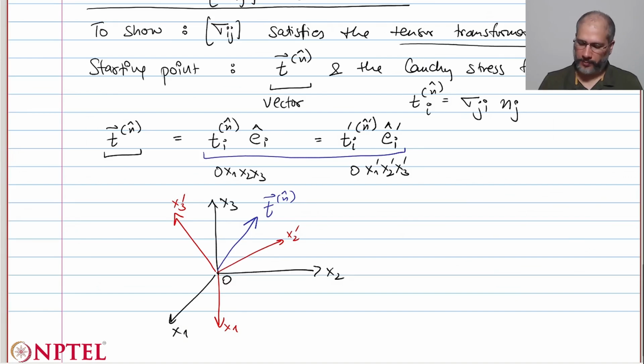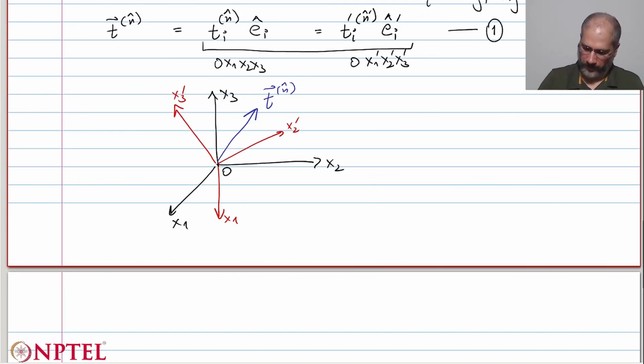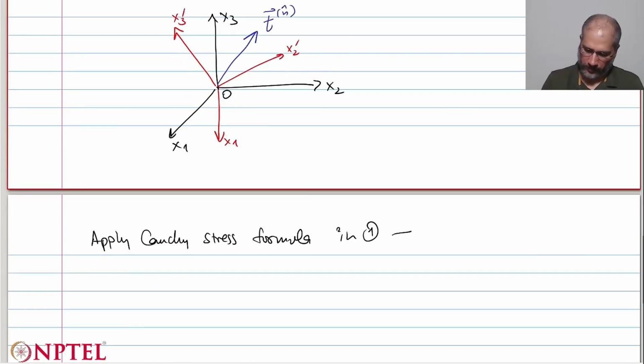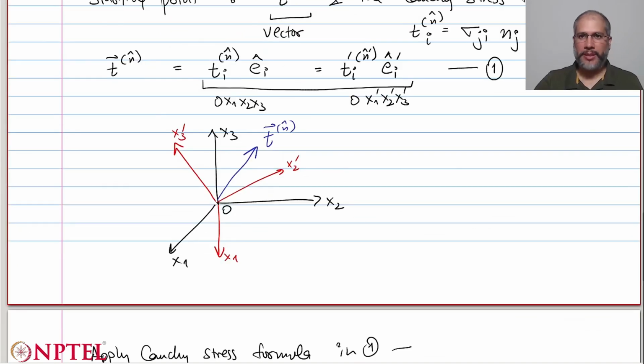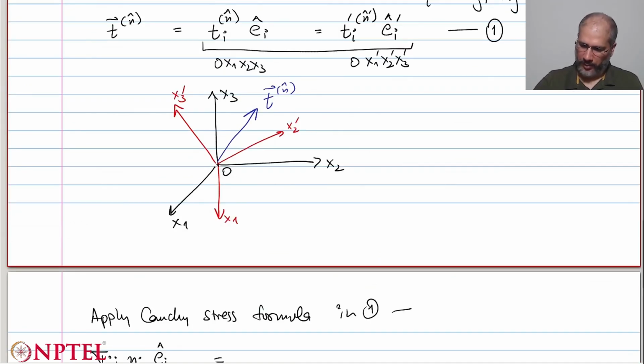Now I'll apply the Cauchy stress formula. Let's call this equation 1. This T_i^(n hat) e_i becomes sigma_ji n_j e_i. So T_i^(n hat) becomes sigma_ji n_j, and this is equal to, we have T_i prime^(n hat prime) e_i prime.